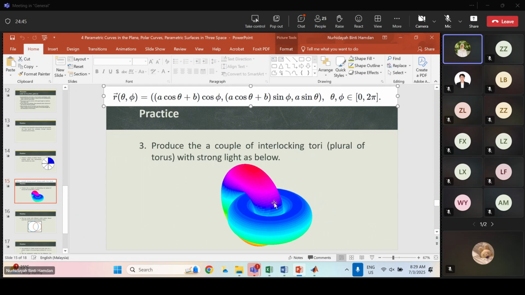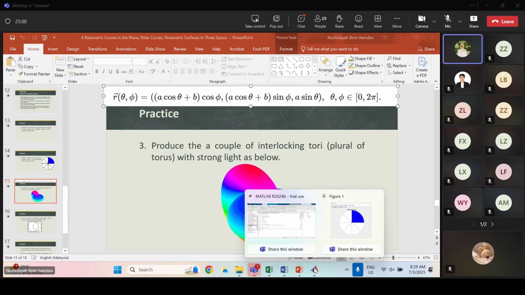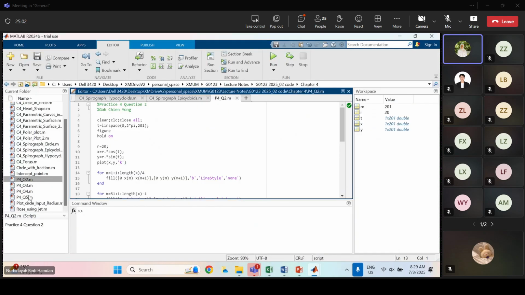This one is interlocking tori, or torus with strong line. So we have to produce the 3D of a torus. I'm going to give you the code in Teams.